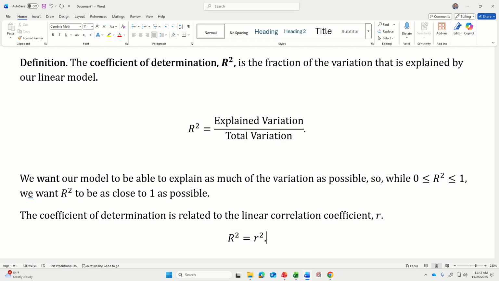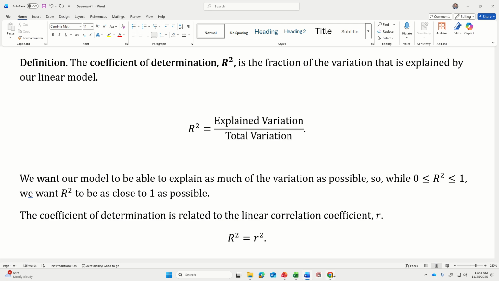R squared is equal to r squared. I don't know why the coefficient of determination is capital R squared while the linear correlation coefficient is lowercase r squared. That's not a choice that I made. That's just a choice that statisticians made a long time ago, and all of the textbooks and all of the software have stuck to that convention.